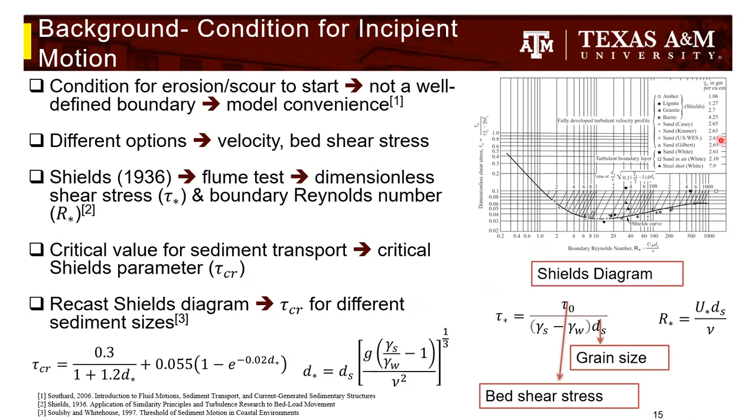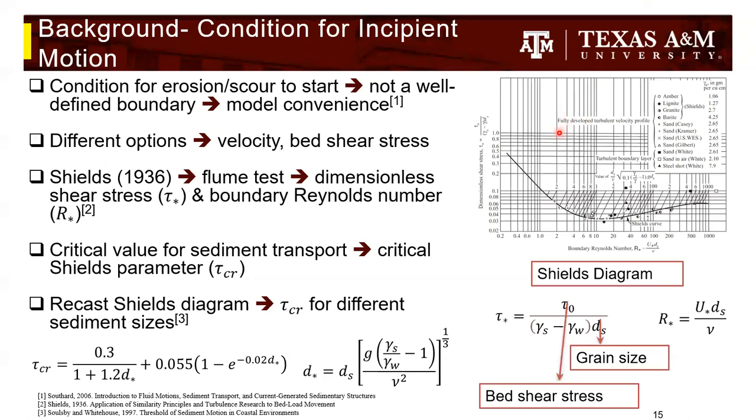On the right-hand side, we can see a plot of the relation between the Reynolds number and the dimensionless shear, because as we know, it depends upon the different particle size. So if our bed shear stress is beyond this critical shear stress, in that case, the particle starts eroding or particle shifting occurs. And that essentially initiates the beginning of the scour and eventually the erosion.